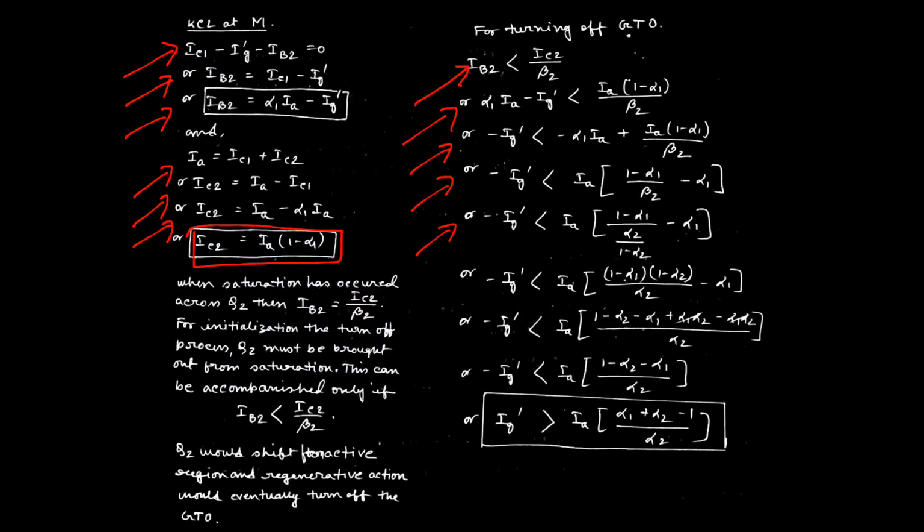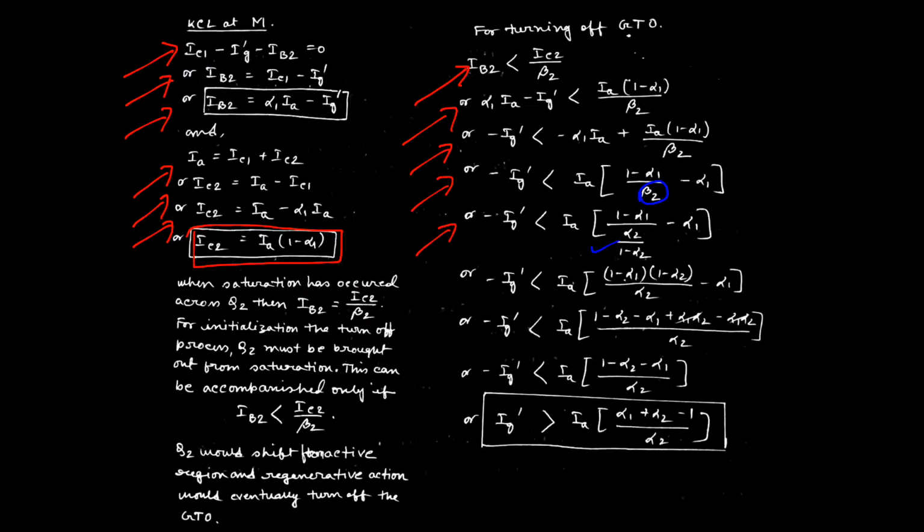As we know, this beta 2 can be expressed as alpha 2 divided by 1 minus alpha 2. As we know, in case of the transistor, beta 2 in terms of alpha 2 can be represented by alpha 2 by 1 minus alpha 2. We are just replacing this term.